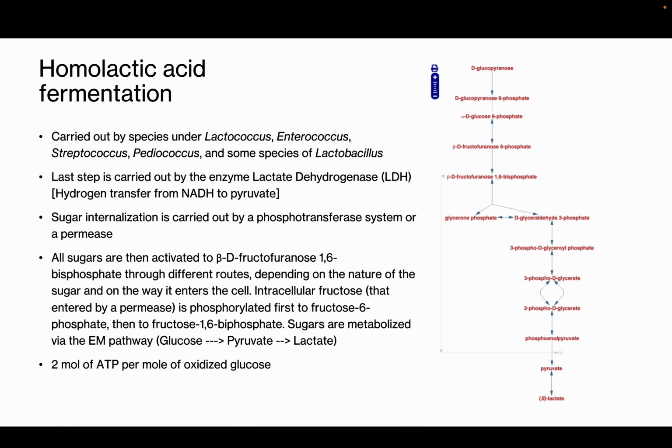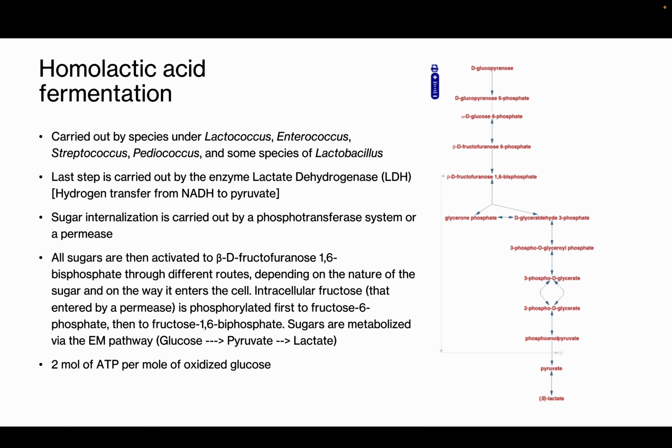In homolactic acid fermentation, the last step is carried out by the enzyme LDH, lactate dehydrogenase, allowing for hydrogen transfer from NADH to pyruvate. And in homolactic acid fermentation, the transport of sugar is carried out either by a phosphotransferase system or a permease complex.